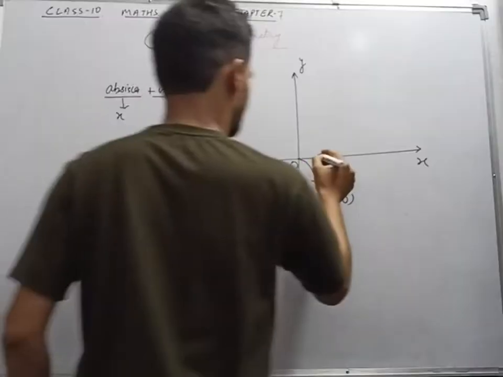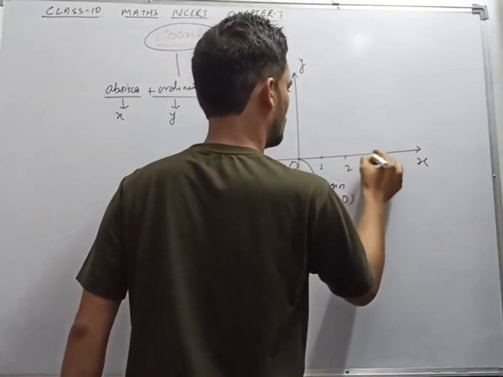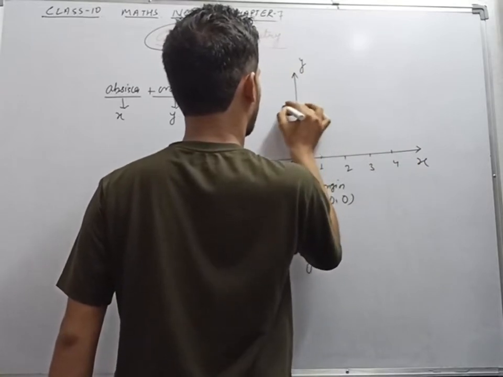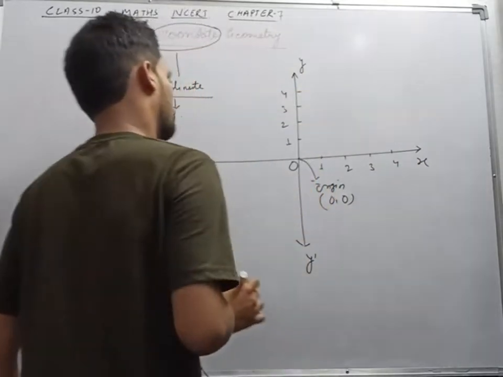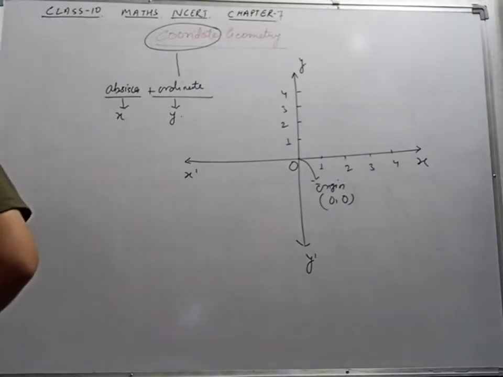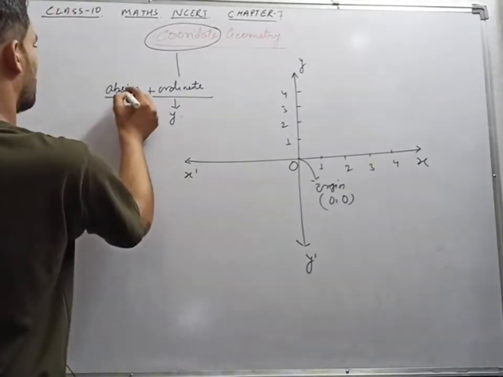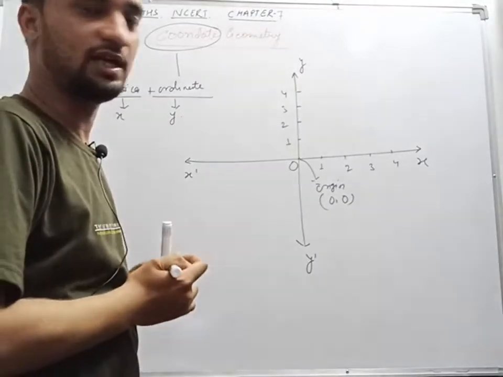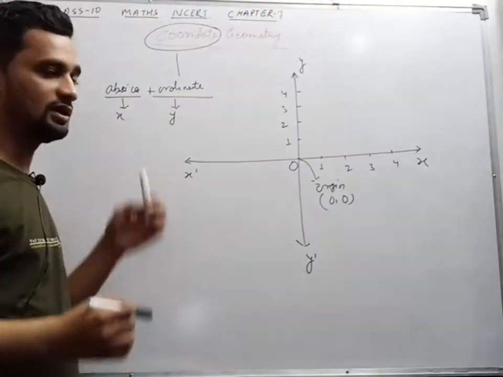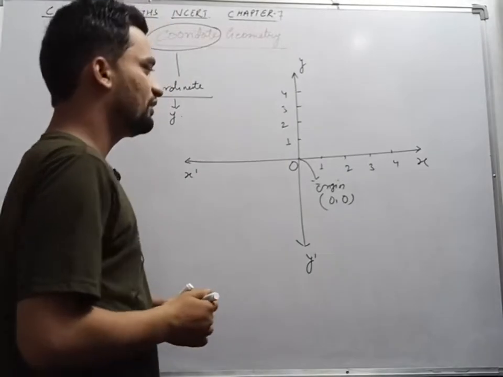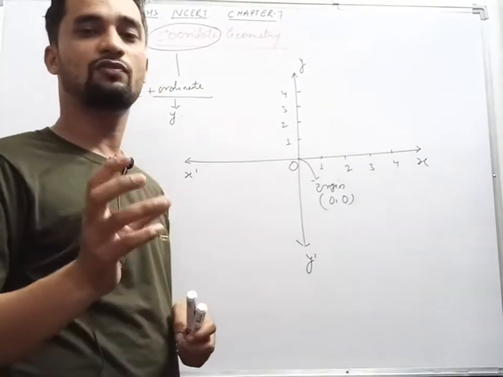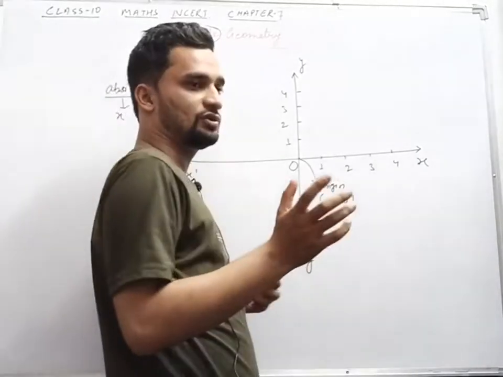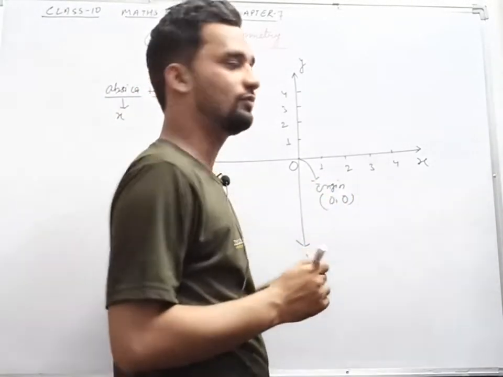Suppose 1, 2, 3, 4 and 1, 2, 3, 4. So this is abscissa and ordinate. Abscissa, let me explain. If we are finding the value of x, that is the distance of a point from the y-axis.